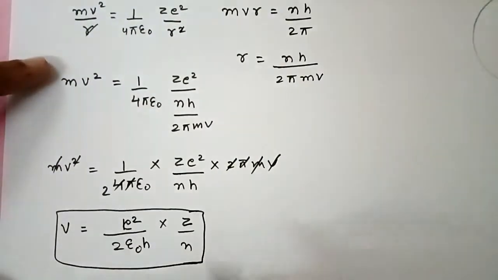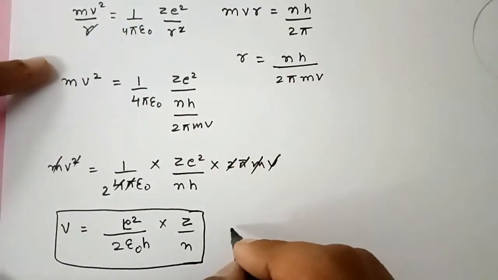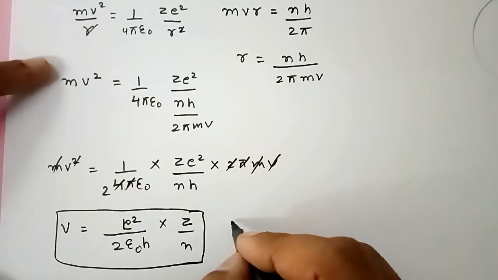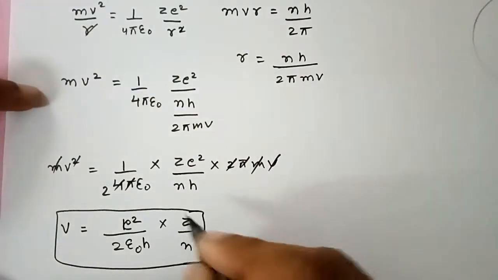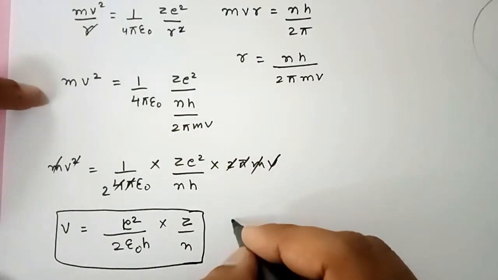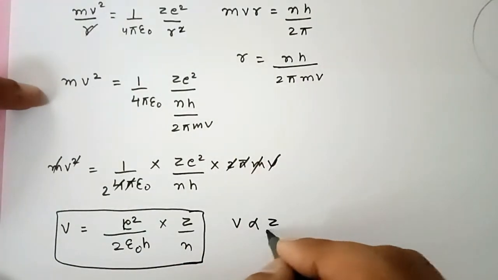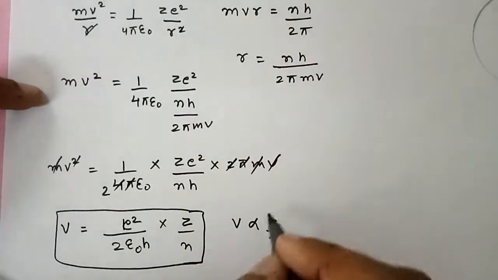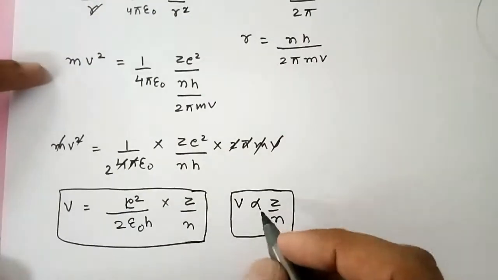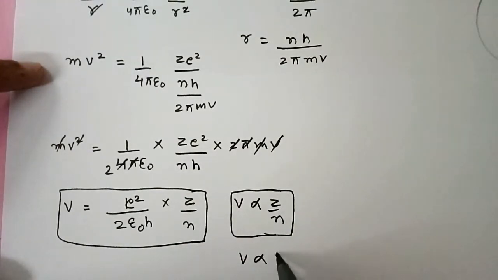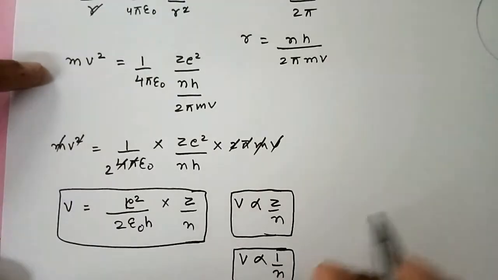So from here we can say that the velocity of an electron in the nth orbit of a hydrogen-like atom whose atomic number is Z, v is proportional to Z by n. And for a given atom, we can also say that v is proportional to 1 by n, because for a given atom the Z value is constant.